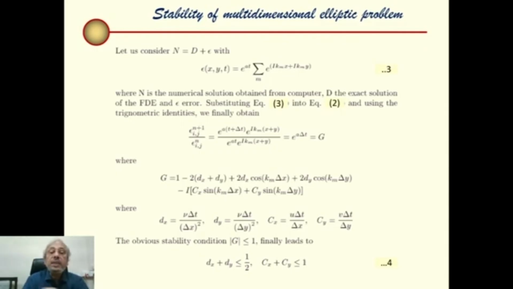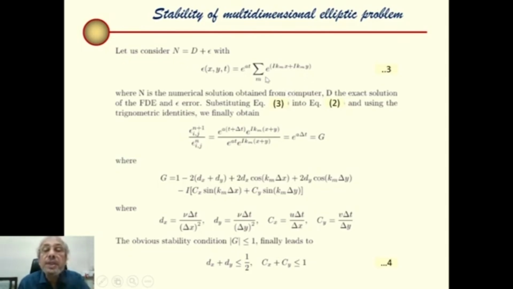The error quantity has to be substituted by a Fourier series and an exponent in the time domain, and then take up any representative expression from the Fourier series.